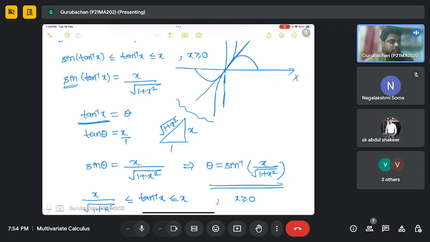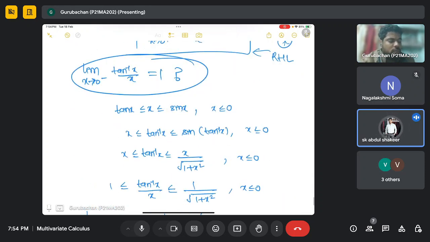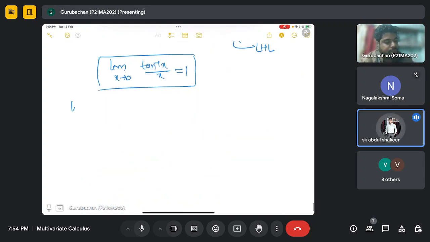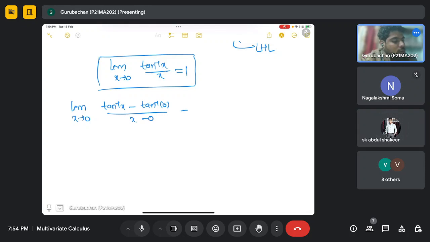This inequality or something else? The limit value, sir, limit x tends to 0, tan inverse x by x, value 1, this value, sir. So you want to say like this, tan inverse 0. Yes, sir. So what will be this value? 1, sir.